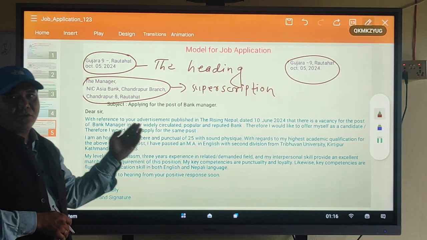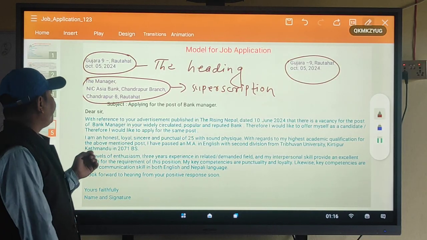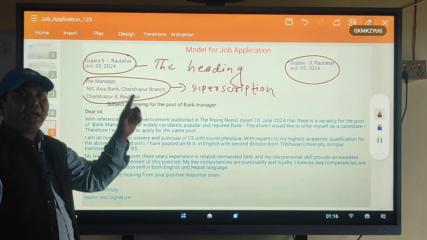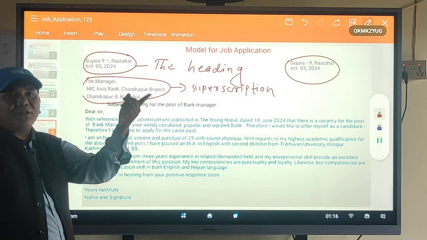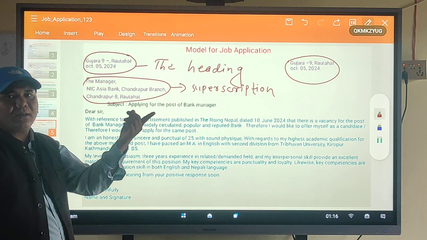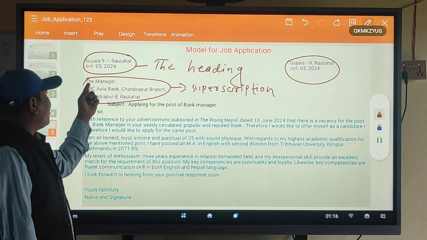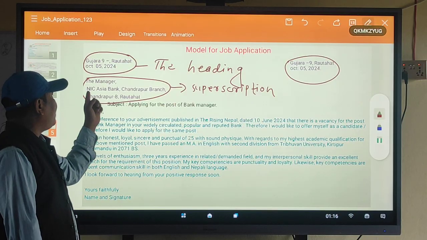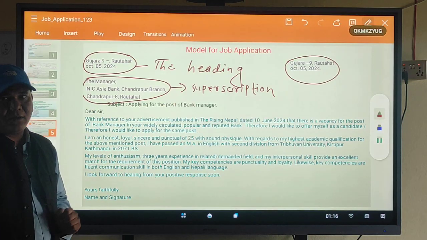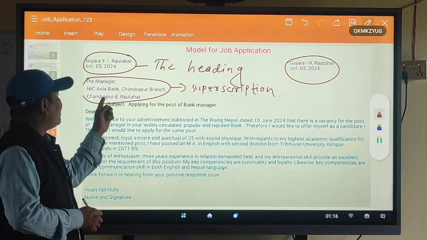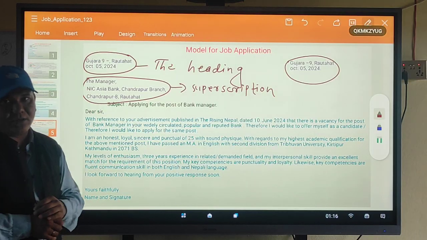As I have told you a few minutes ago, the head of any bank, institution, college. Look at this. The manager is the head of NIC Asia Bank, which is located in Chandrapur 8 Rohtahat.